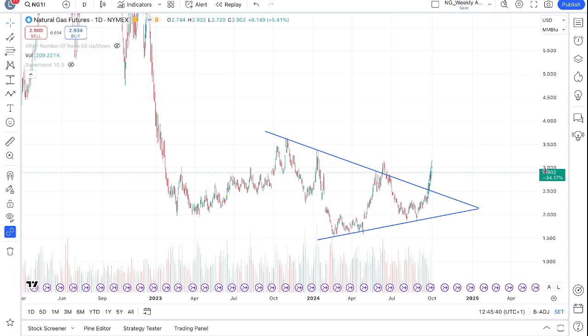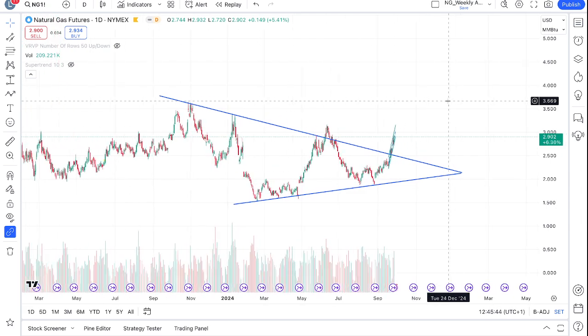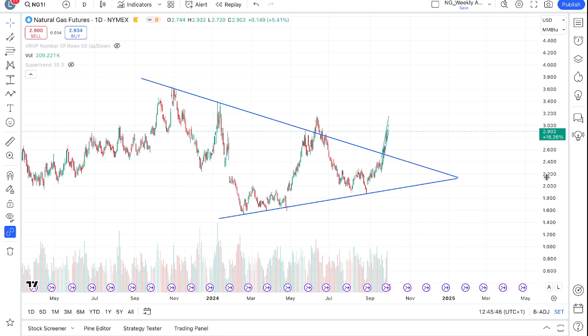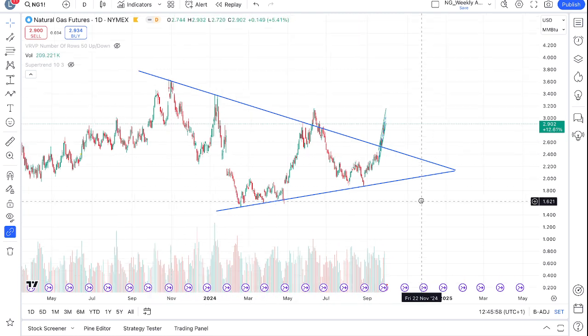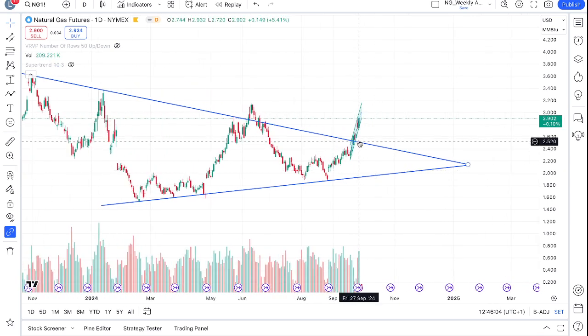The daily has been forming a symmetrical triangle. If you look at it, this has been forming for ages, and when I say ages, maybe from some point towards the end of November or early January. So clearly you can see a symmetrical triangle forming here, and then a breakout here.